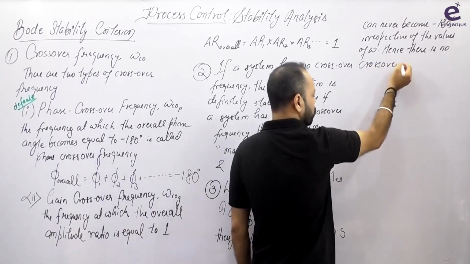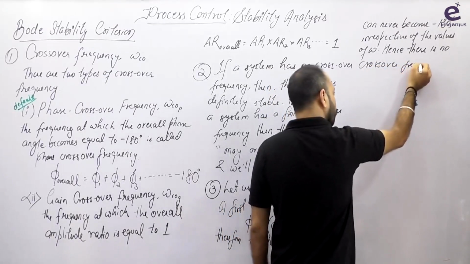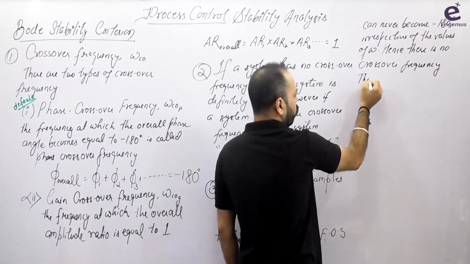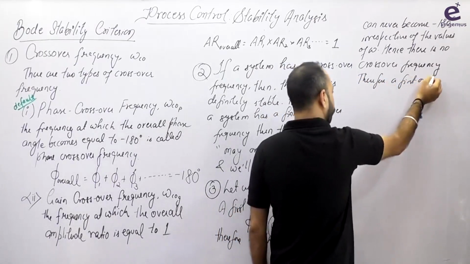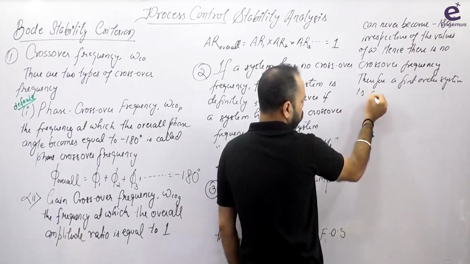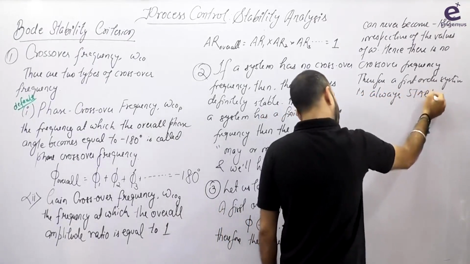There is no crossover frequency. Correct? Therefore, a first order system is always stable.